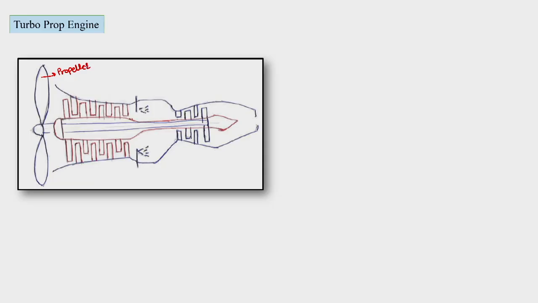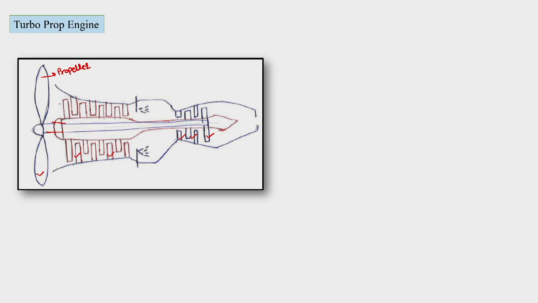In the turboprop engine we have major thrust coming from the propeller, and this propeller is rotated by the turbine. We can see here a typical arrangement as what we had seen earlier, and that arrangement was triple spool arrangement, and in the triple spool arrangement we had seen that propeller will be connected by lowest speed turbine, low pressure compressor will be connected by intermediate turbine, and high pressure compressor will be connected by high pressure turbine.